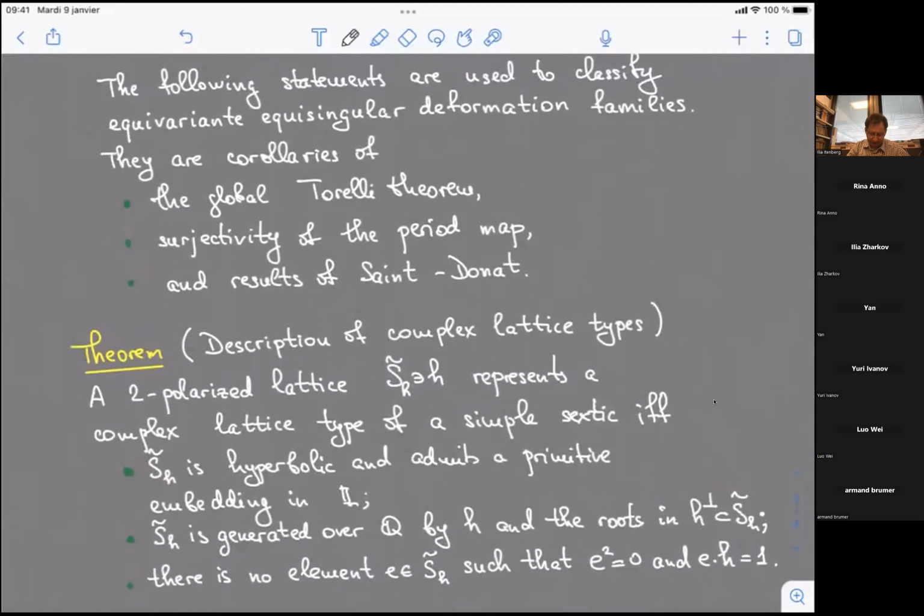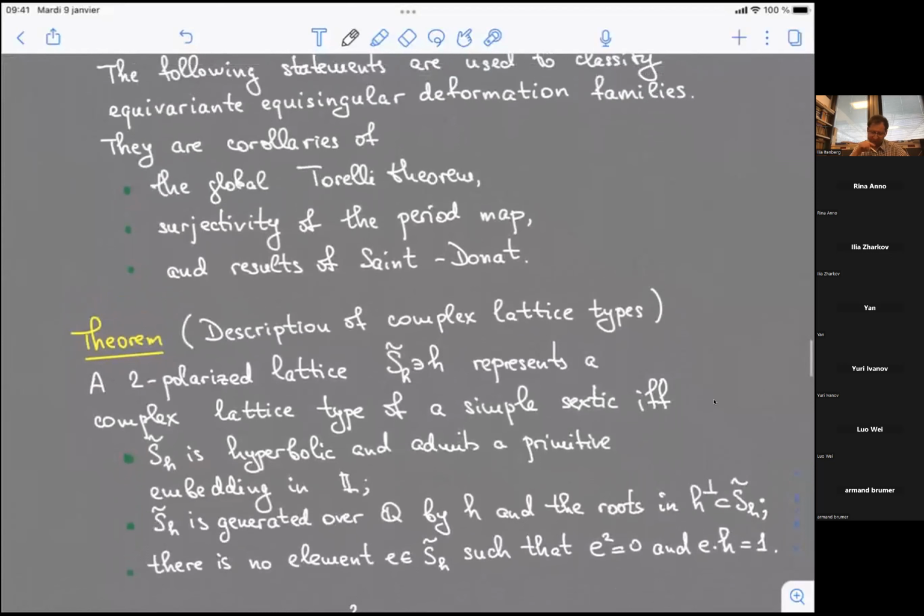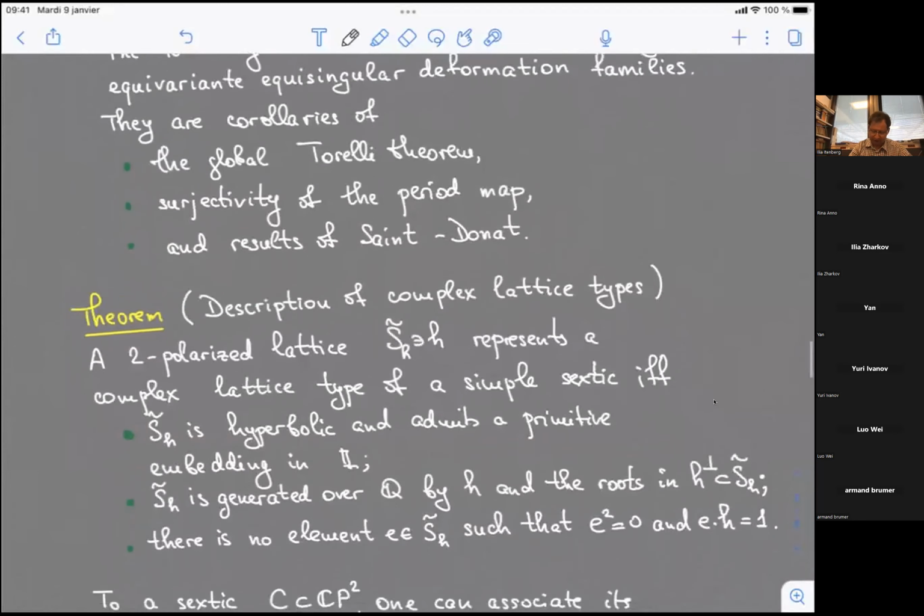Then the second condition, so this two polarized lattice should be generated over Q by H, so its polarization and the roots in the orthogonal complement of H. And there is one additional condition that we should prohibit the existence of certain elements. So we should exclude the cases where there are elements of square 0 and with the intersection 1 with H.